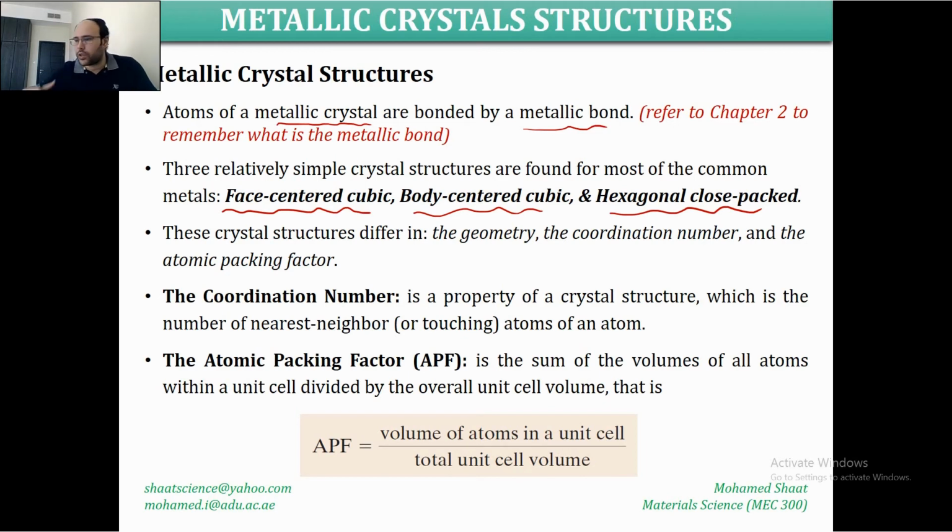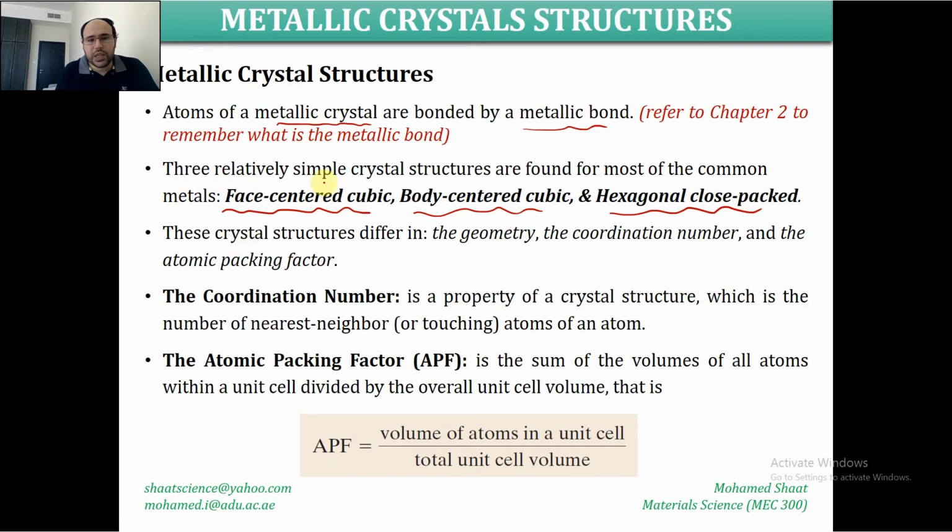And this is the main reason behind the good conductivity and the high ductility of metals, as we discussed in chapter 2. So I highly suggest that you go over the metallic bonds again to memorize and remember how it works.